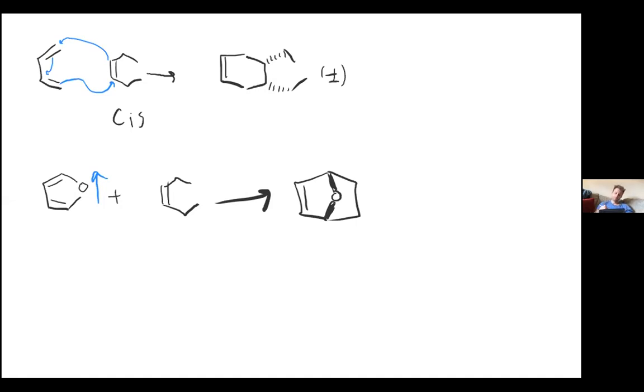Oxygen gets pushed up. Our dienophile would get pushed downward. We could either draw it like this, or in 3 dimensions, like this here.